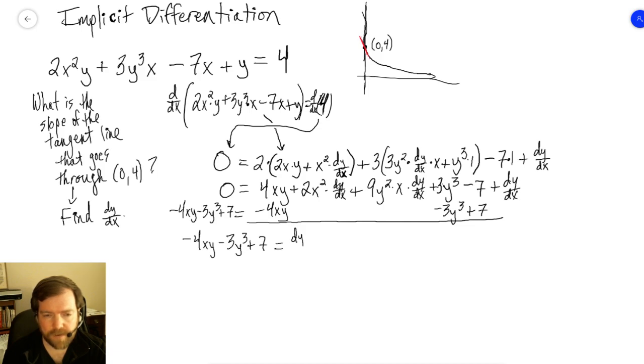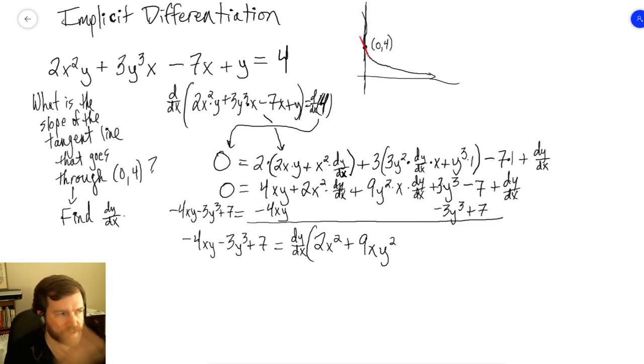dy dx multiplied by, here we have 2x squared plus 9. I'm going to switch this around finally. So 9xy squared. Just to stay consistent, I almost always do x first, y second. It's just habit, really. All right, and plus 1.